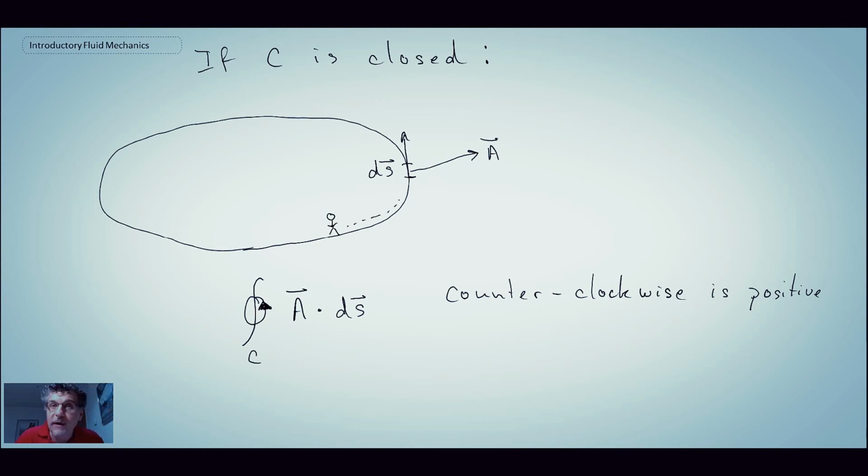Imagine that you're walking and the area that you're integrating around is always to your left. And so that's an easy way to remember, or just remember counterclockwise is positive. Okay, so that's the line integral. That's one that we use typically for evaluating circulation, but there can be other things we might look at in fluid mechanics.